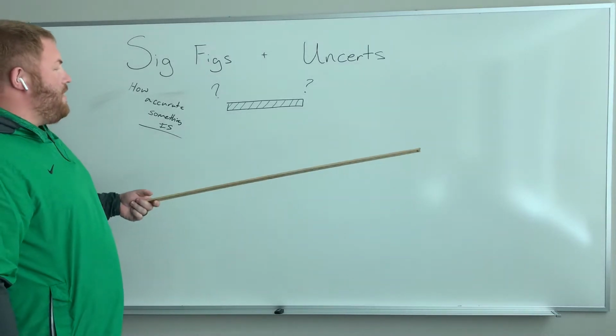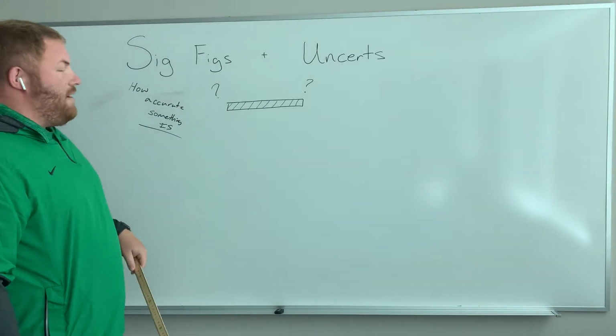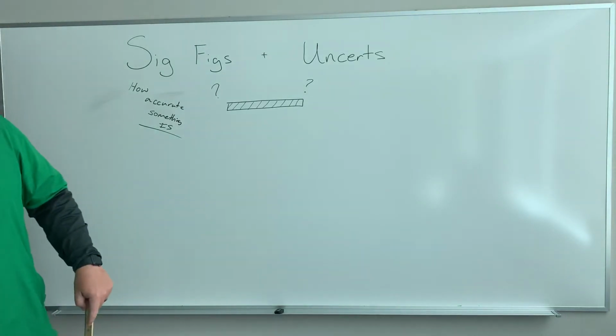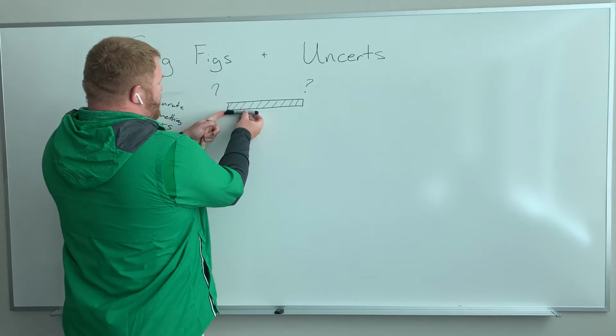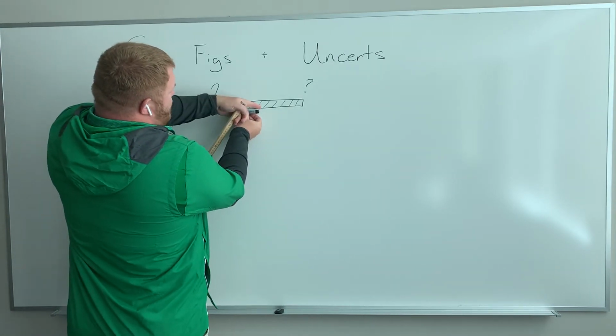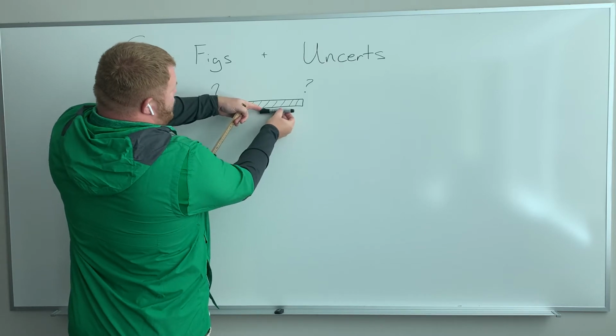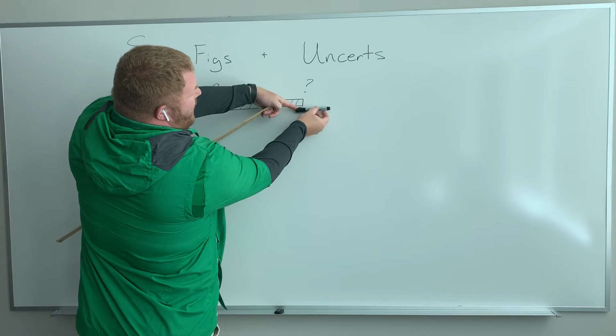So for example, what am I talking about? Significant figures, it all comes down to this. If I was to measure this thing in pens, the first thing I have to do is I can only write down what I know for sure. So there is 1, 2, and I don't know, we have to estimate.